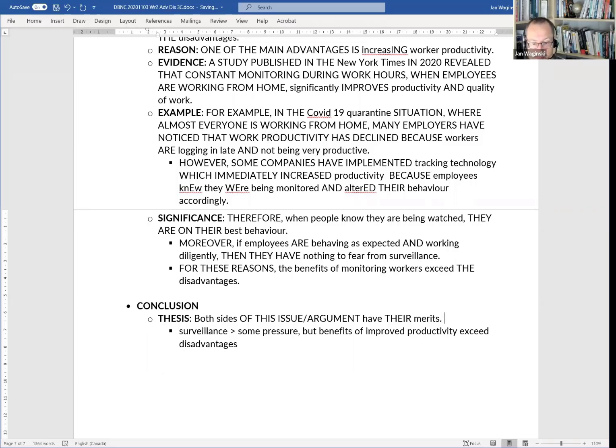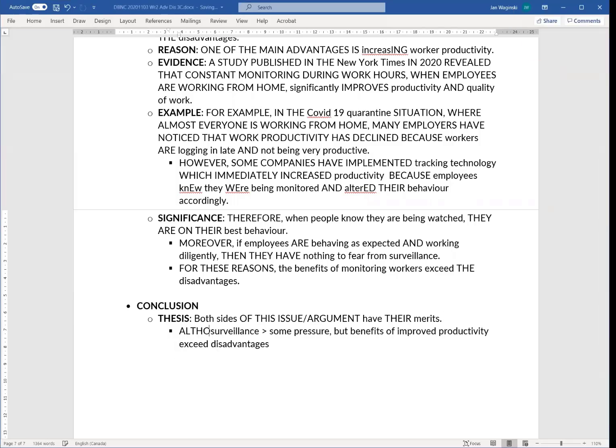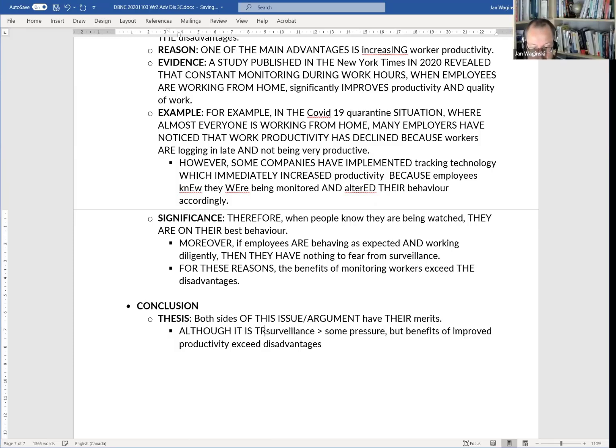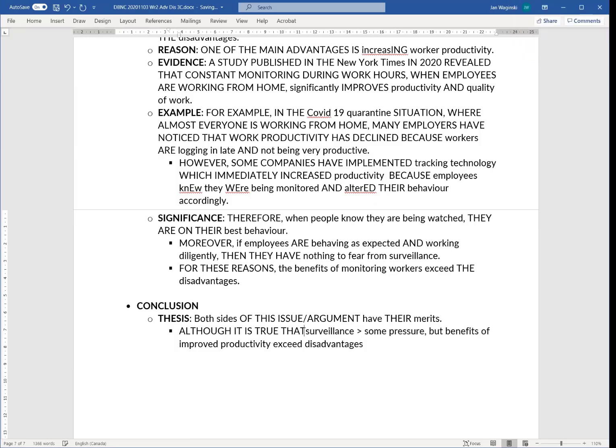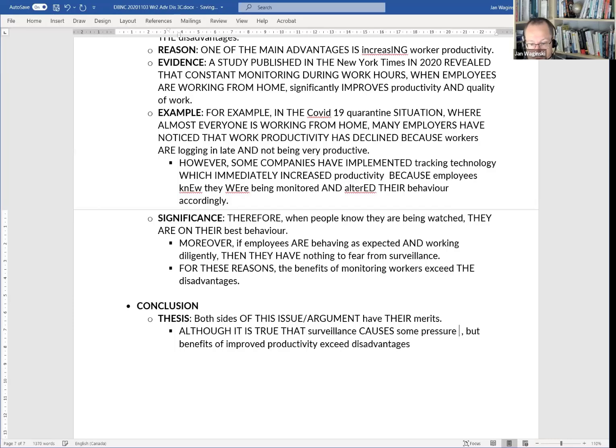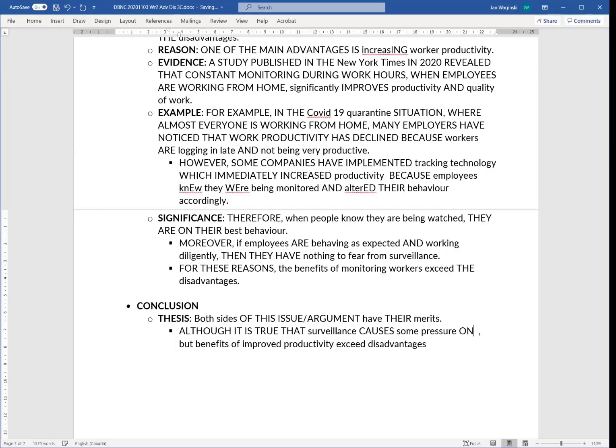Remember, we've got that nice contrasting sentence format. Start with while or although. We can say although it is true that surveillance causes some pressure on workers.